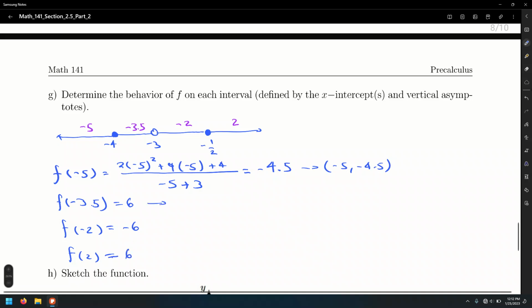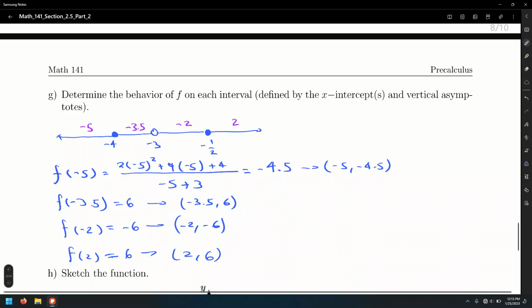That's going to give us the following ordered pairs. It's important to write these down as ordered pairs because ultimately we are going to use these additional ordered pairs to get a better sketch of our graph. So let's write them down: negative 3.5, comma 6; negative 2, comma negative 6; and 2, comma 6.